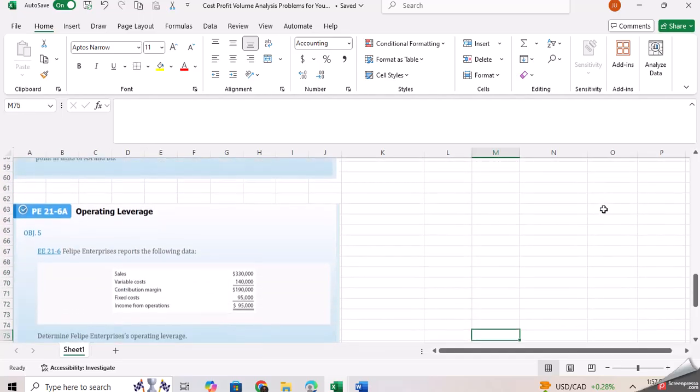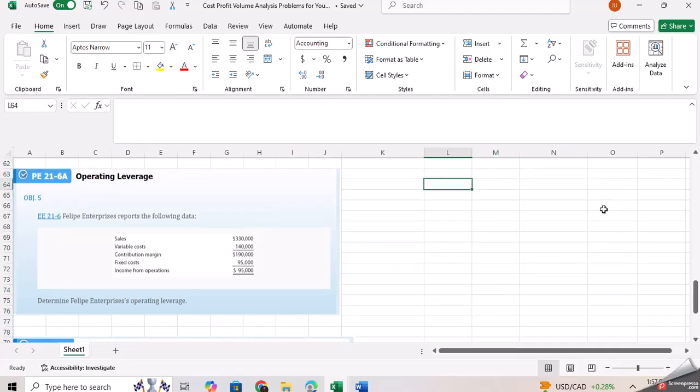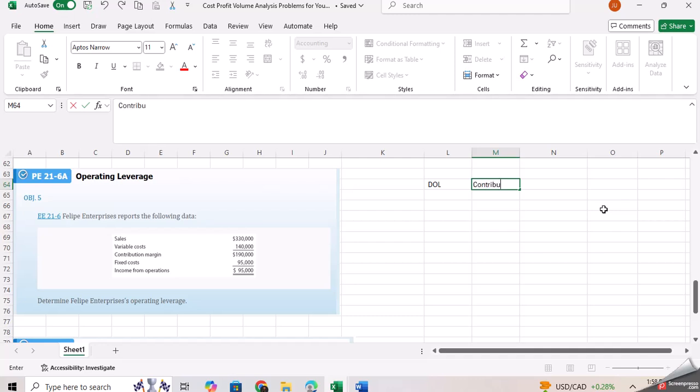Okay, then our operating leverage, our degree of operating leverage, that's actually, I believe, what I was calculating up above. So I abbreviate the DOL for degree of operating leverage. That is going to be our contribution margin divided by our net income.